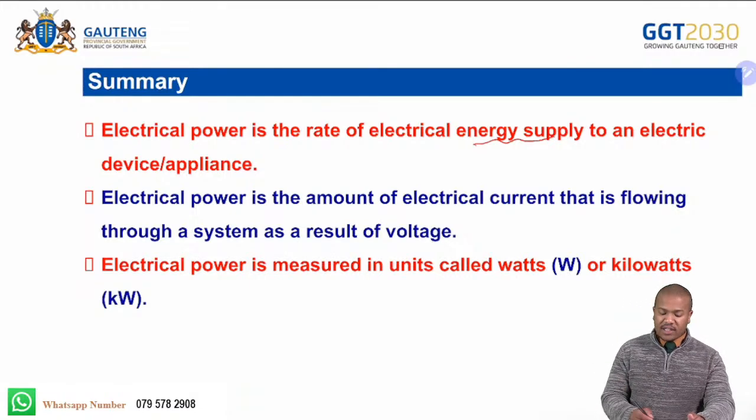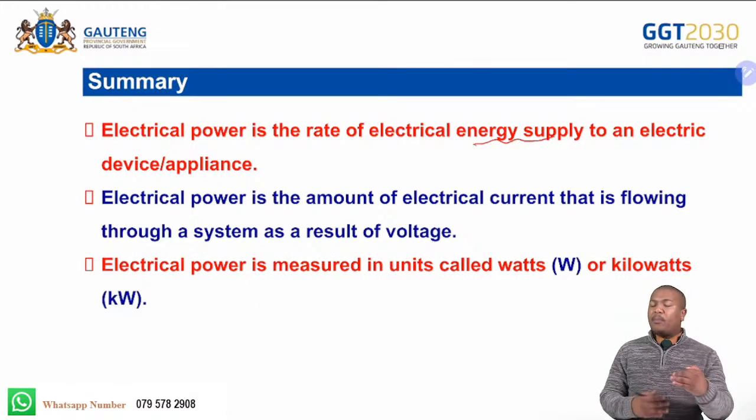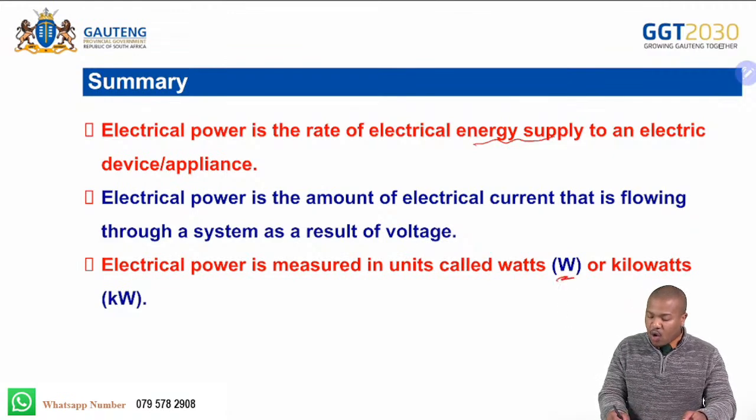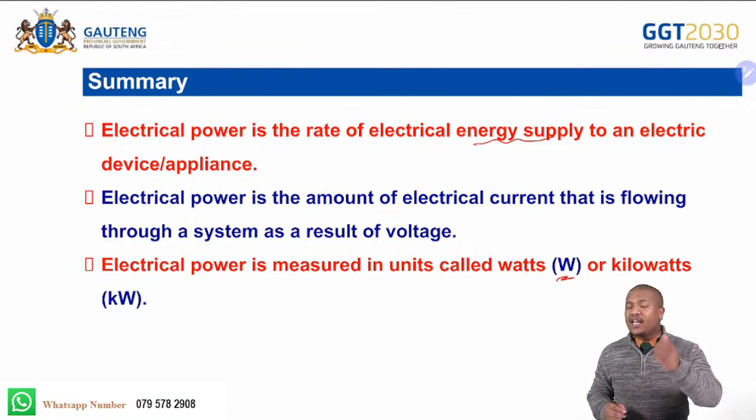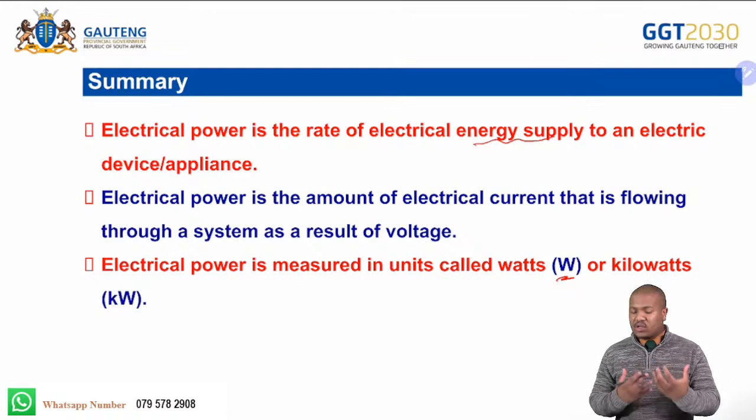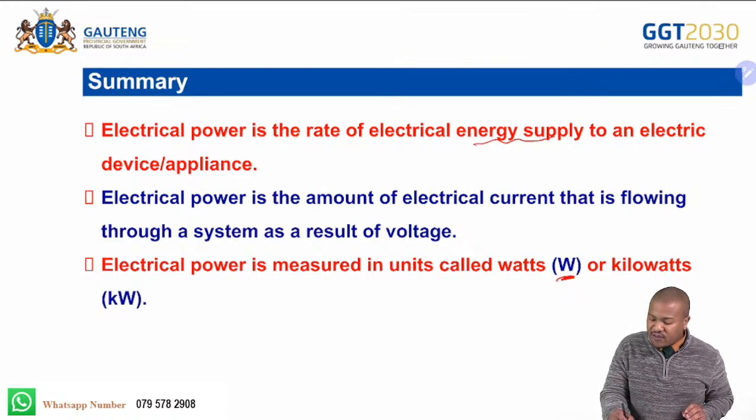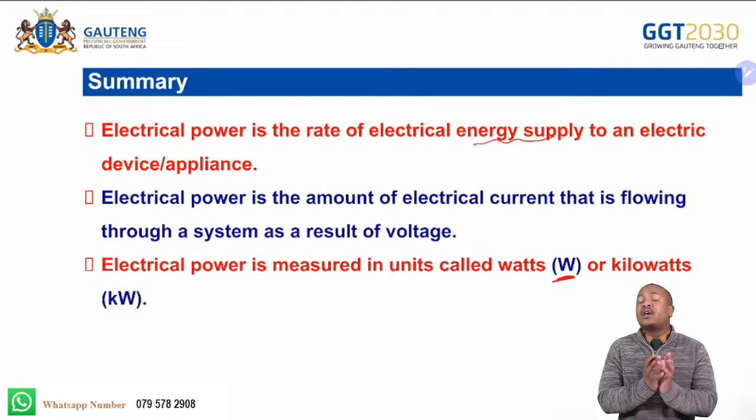Not only that, electrical power is measured in units called watts or kilowatts. We use those units to identify the power that is consumed by a single device or an appliance.